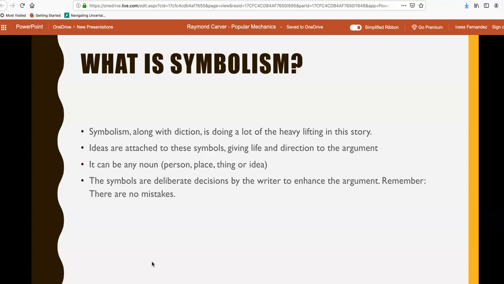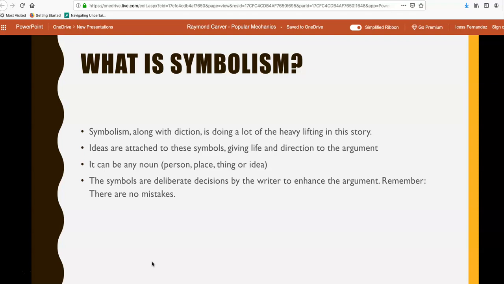Because it's heavy on the literary devices, minimalism naturally happens, right? And so you have to, as a reader, glom onto those ideas of symbols. Those symbols, that tone, that diction, those images, the setting is telling you what you need to know about what happened to that baby and what that argument is.